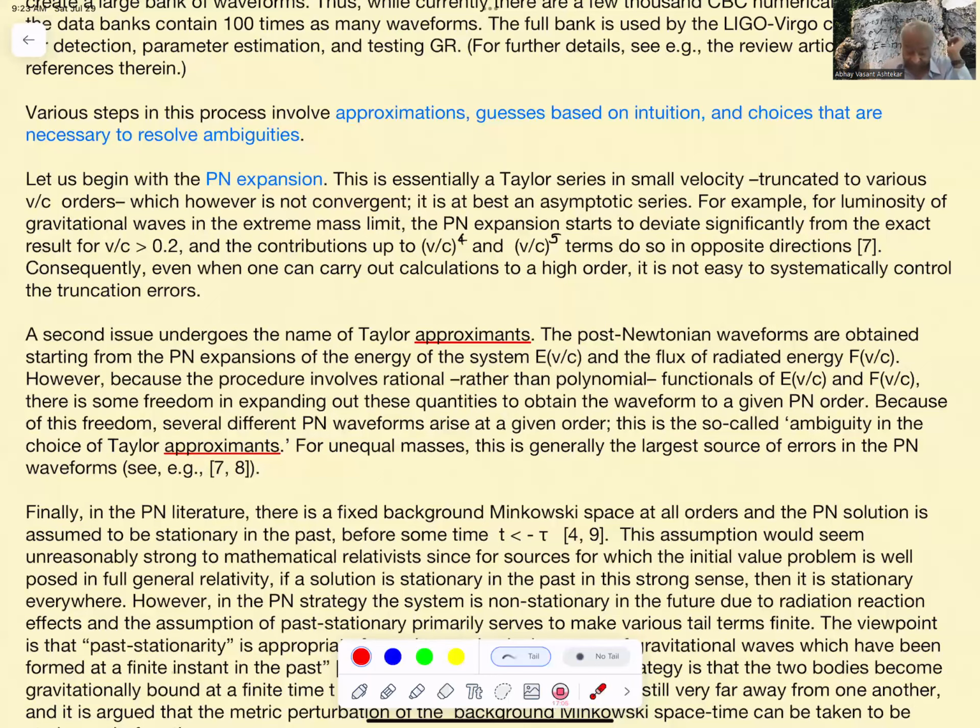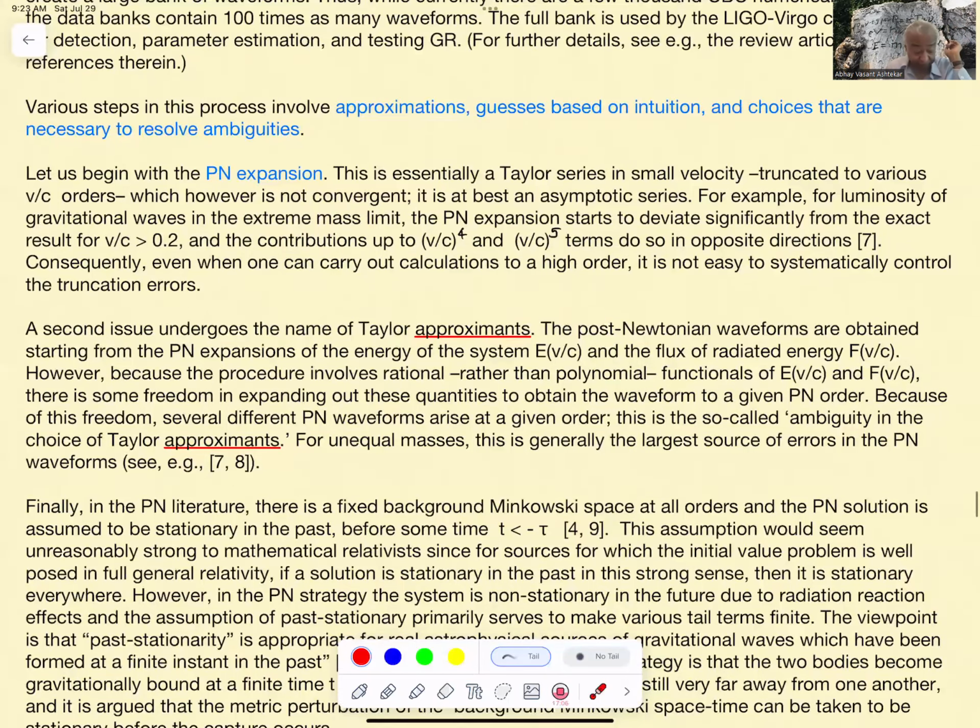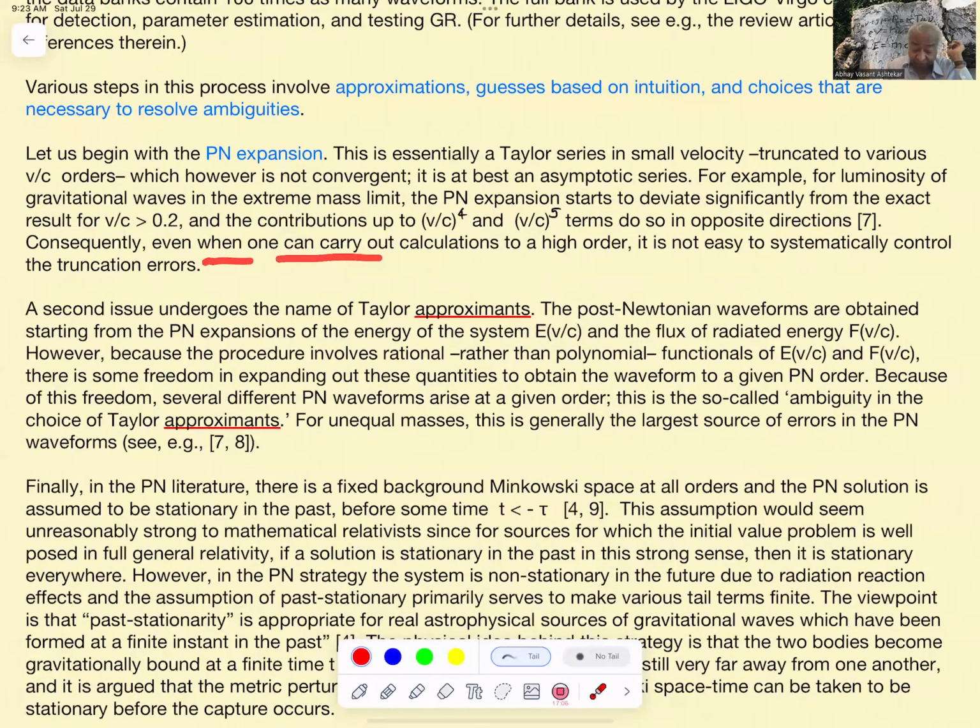So often, (v/c)^3 might be a better approximation than (v/c)^4, because this contribution went in the opposite direction and brought us back closer. So these things are subtle, is the only thing that I wanted to indicate here. And consequently, even when one can carry out calculations to high order, it is not easy to systematically control the truncation error. I cannot just say that (v/c)^5 is this, and therefore the next term is going to be smaller. I don't know that.